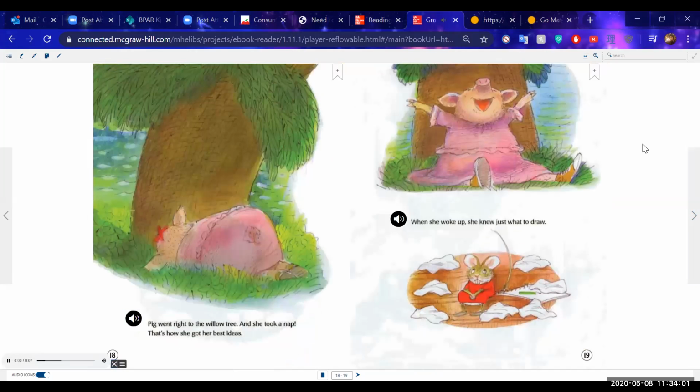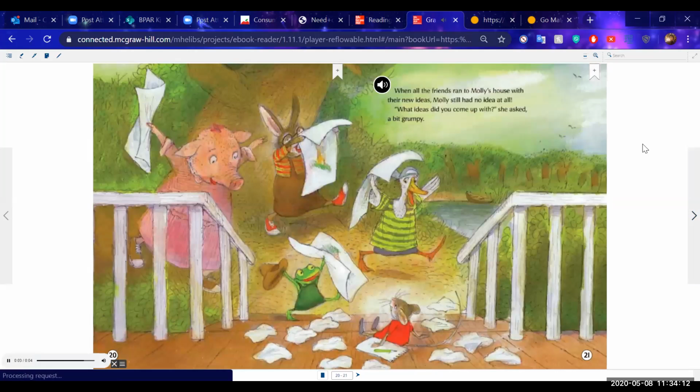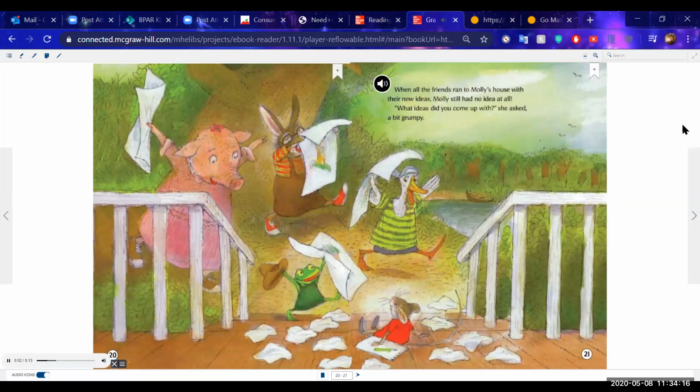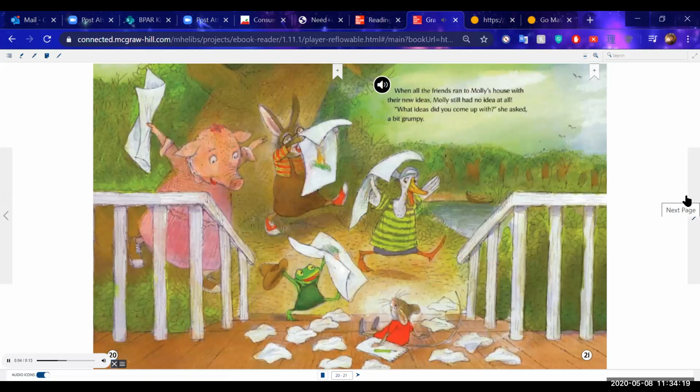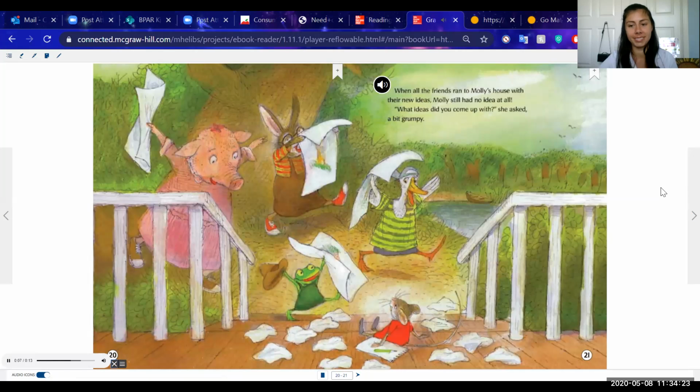Pig went right to the willow tree, and she took a nap. That's how she got her best ideas. When she woke up, she knew just what to draw. When all the friends ran to Molly's house with their new ideas, Molly still had no idea at all. "What ideas did you come up with?" she asked, a bit grumpy.